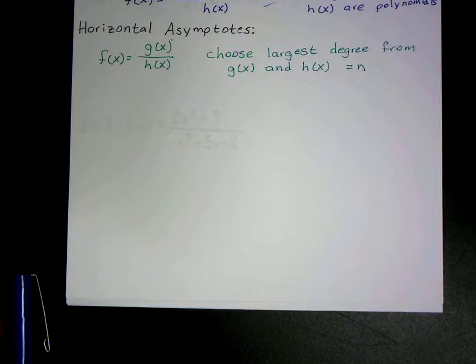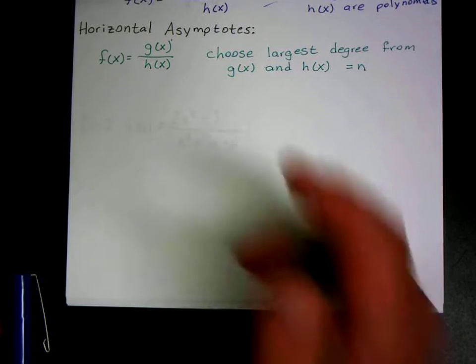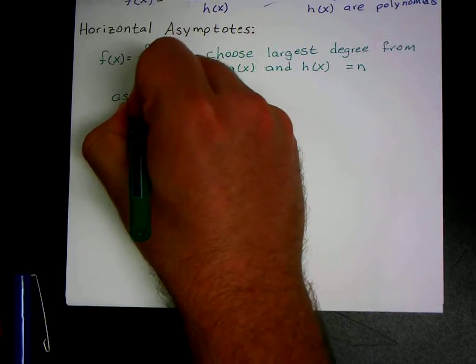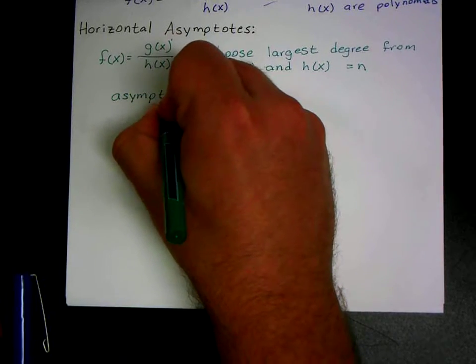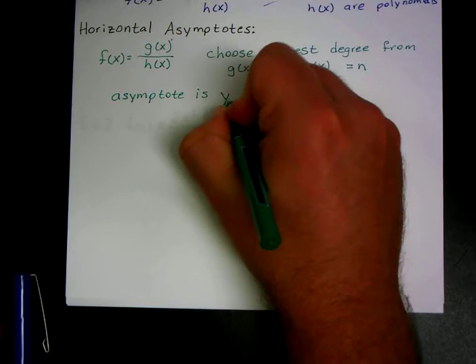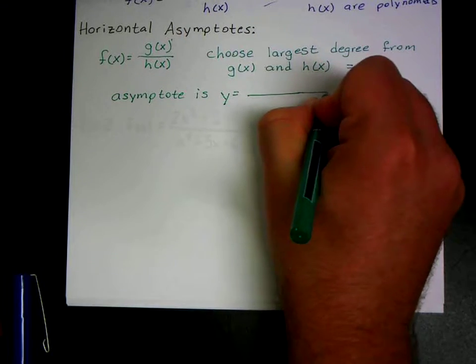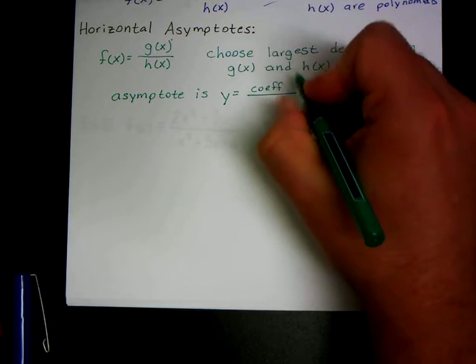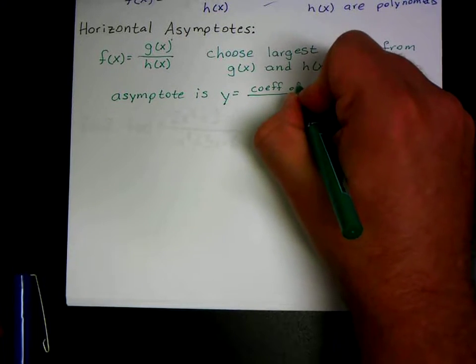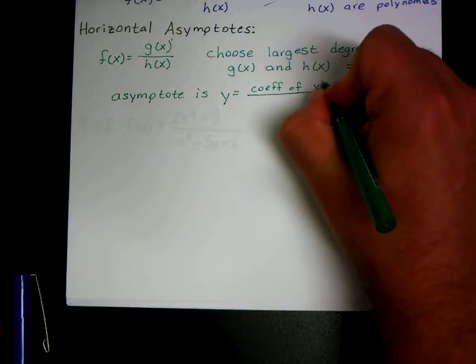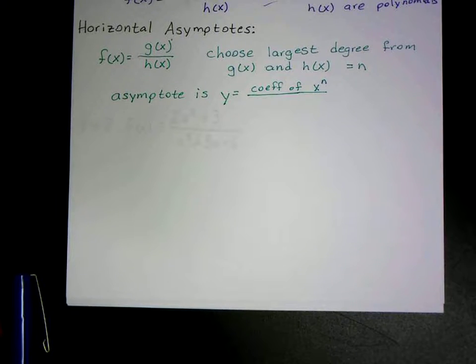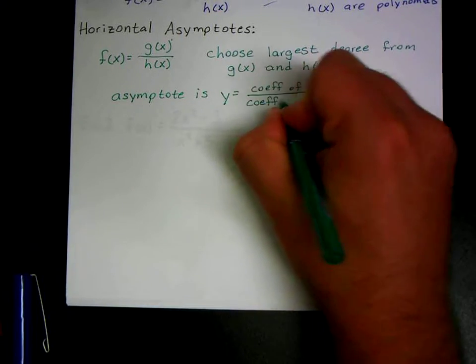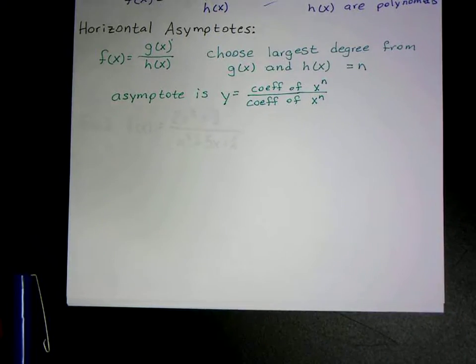And we're going to let that degree equal n. So your asymptote is your coefficient of x to the n on the top and your coefficient of x to the n on the bottom. So that's where you get your asymptote from.